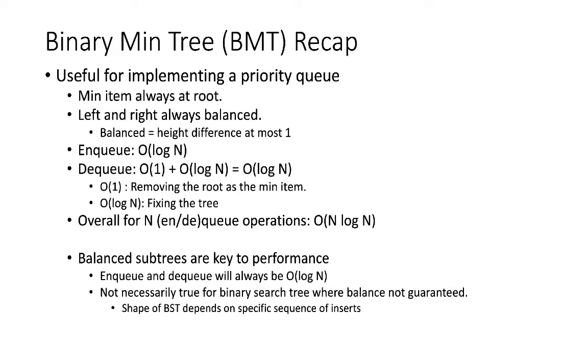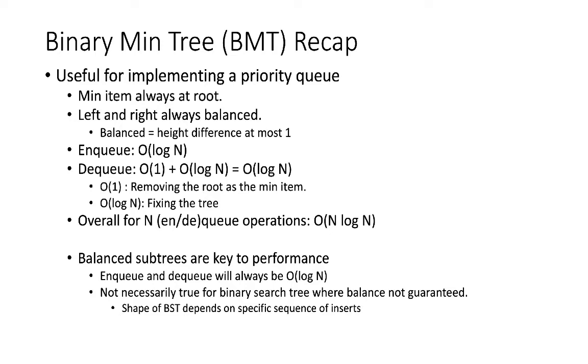Given these invariants, we were able to show that we can enqueue an item into a priority queue implemented as a binary min tree in order log n steps, and we could dequeue the minimum item in order log n steps. For the dequeuing operation, we know where the minimum item is.